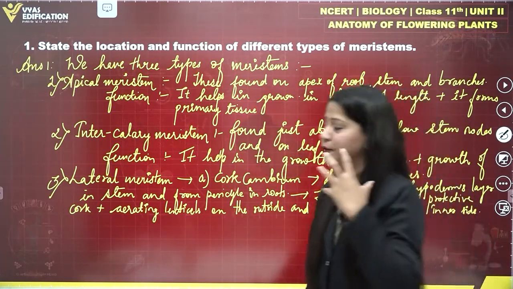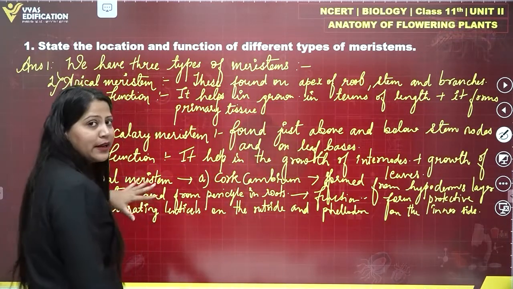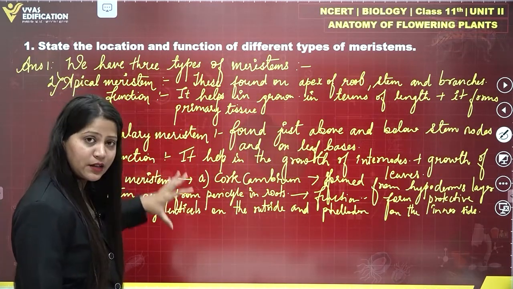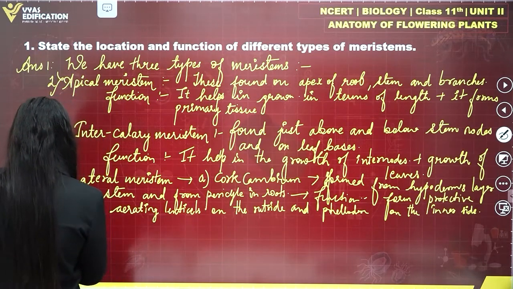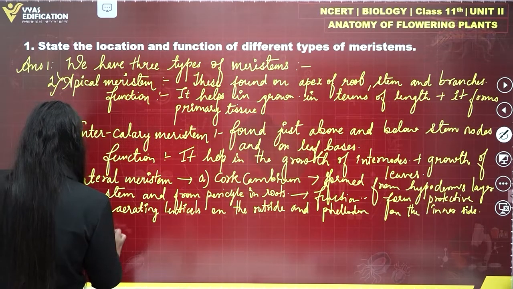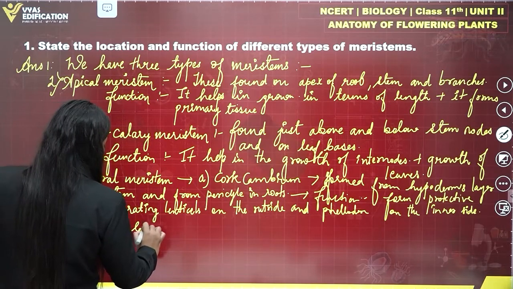Then the last one we have is under the lateral meristem, which is having another type of lateral meristem, that is B. We have vascular cambium.